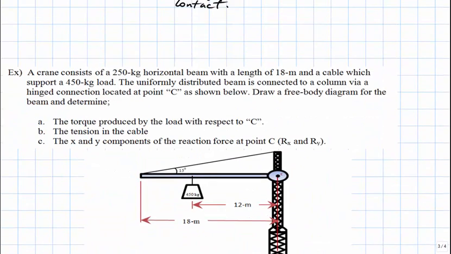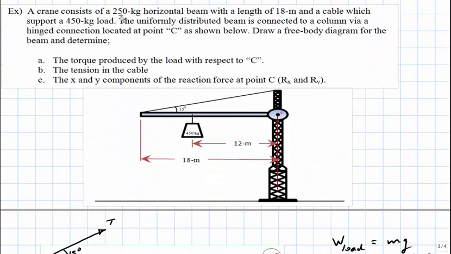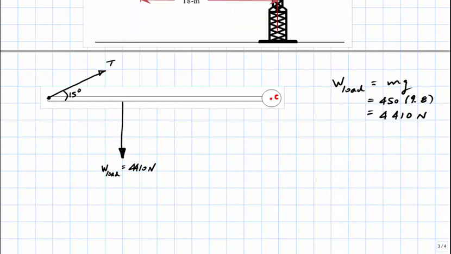As we noted, the beam itself has a mass of 250 kilograms, and in order to represent the effect of this mass, we need to calculate the weight of the beam. Of course, the weight of the beam also equals m times g. The mass equals 250.